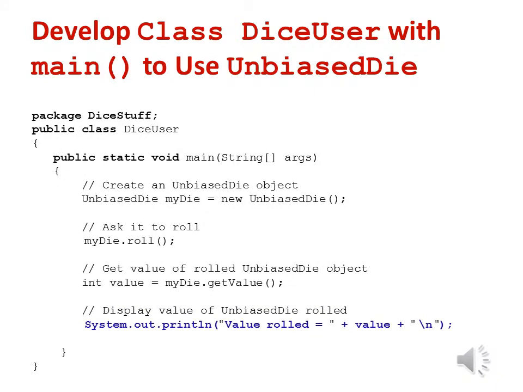We can now display the value of the rolled die using the statement System.out.println("value rolled = " + value + "\n"). The method println is implemented as a static method like main.